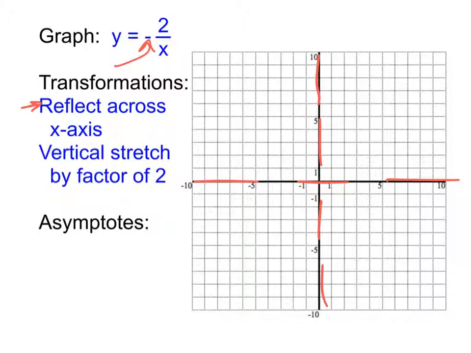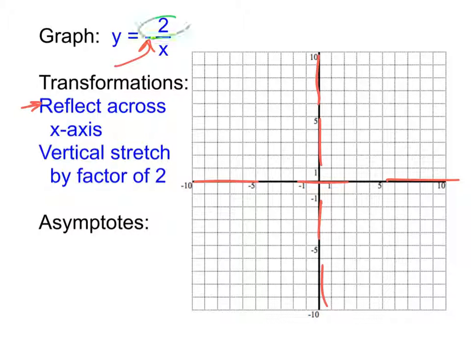No. Because if I take this vertical one and flip it upside down, it's still a vertical line in the same place. And the horizontal one, if I flip it upside down, it's at 0, and 0 reflects to still be at 0. So that doesn't change it at all.